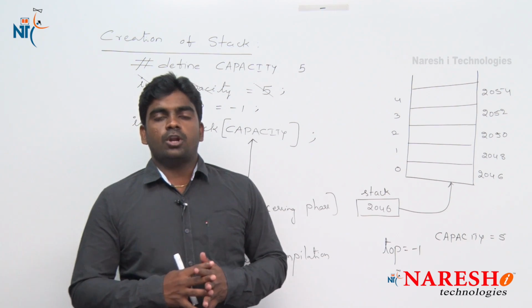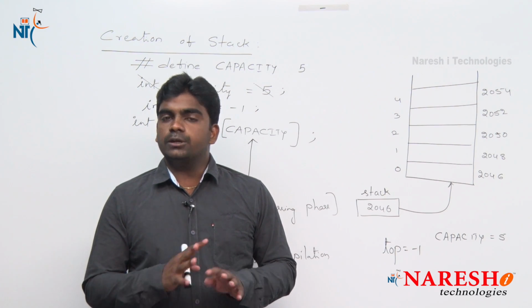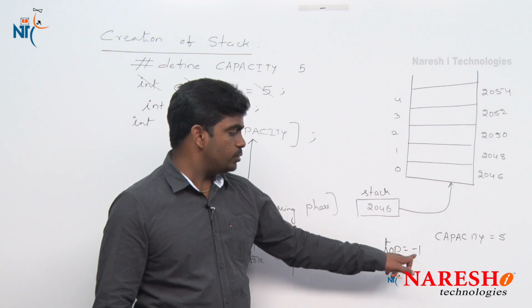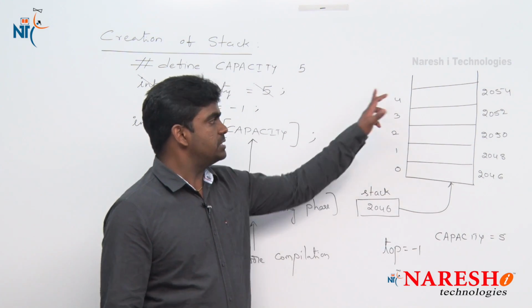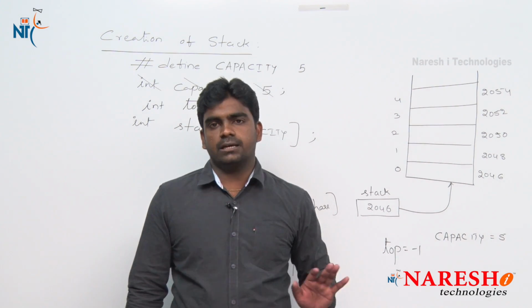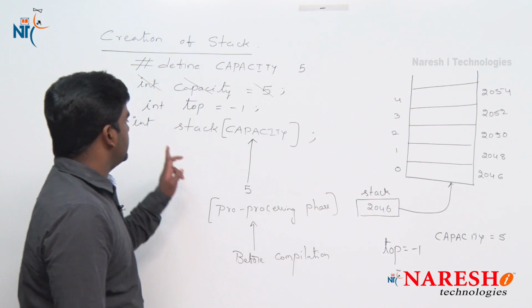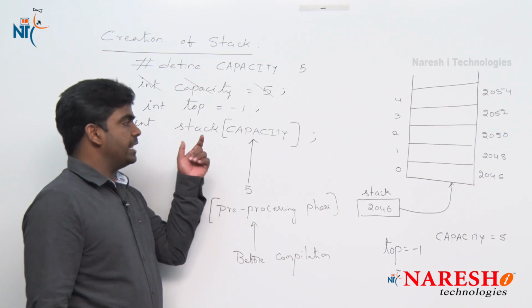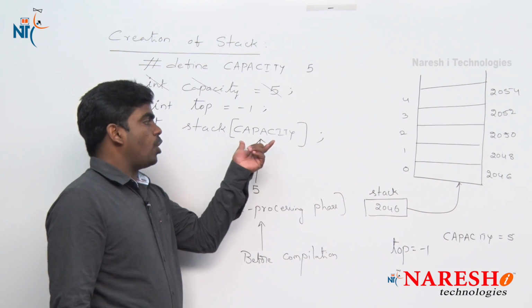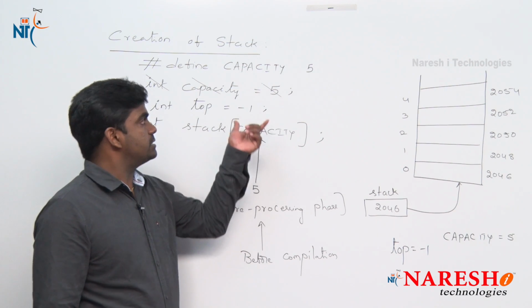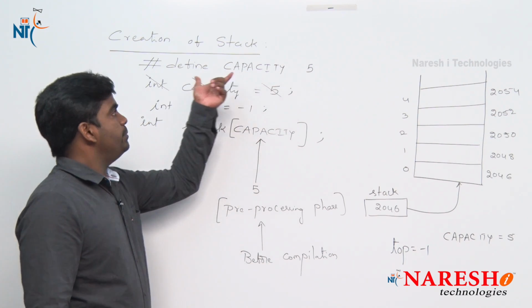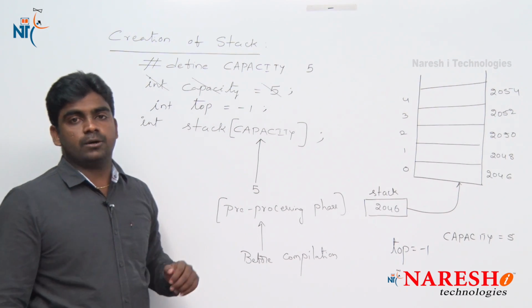As of now, the top variable is not pointing to any index, so the value is -1. So this is just the creation of a stack, simply the declaration of an array with the name stack with a constant capacity. Constant capacity is once again a preprocessor directive, it's a macro.